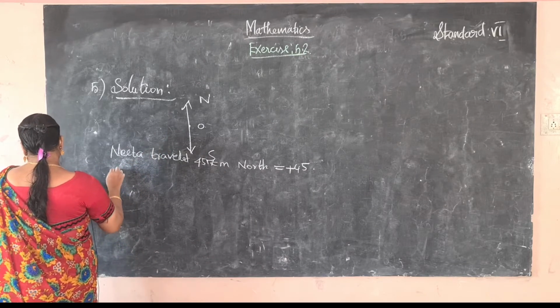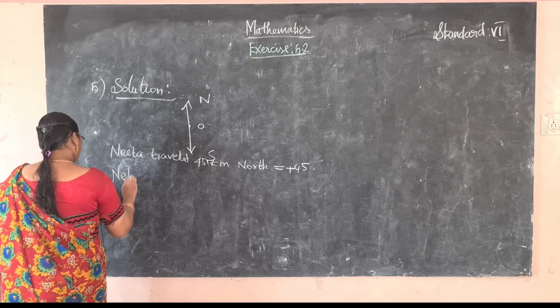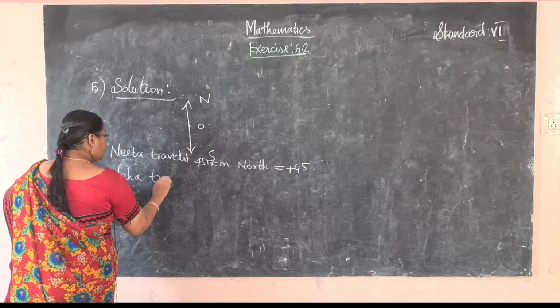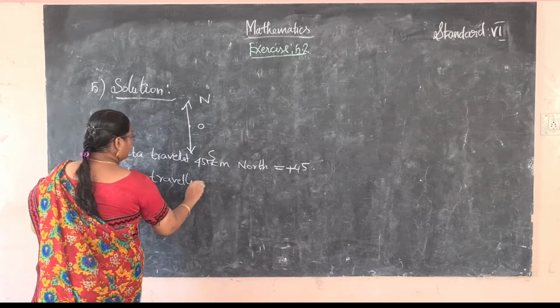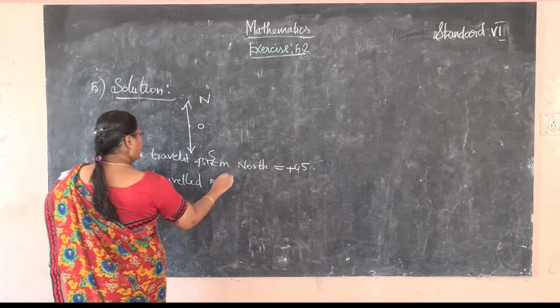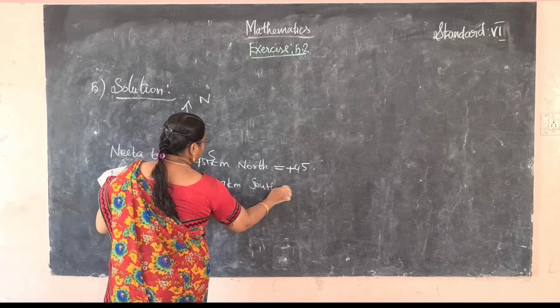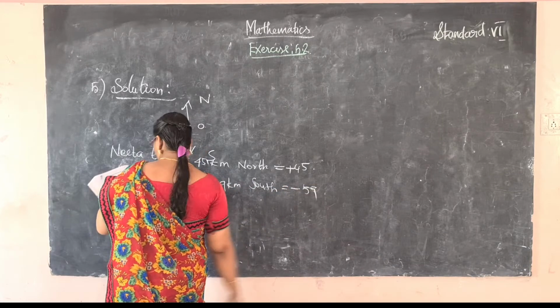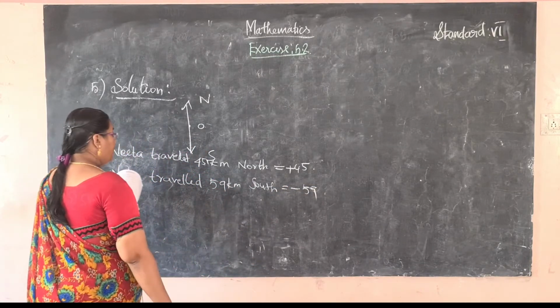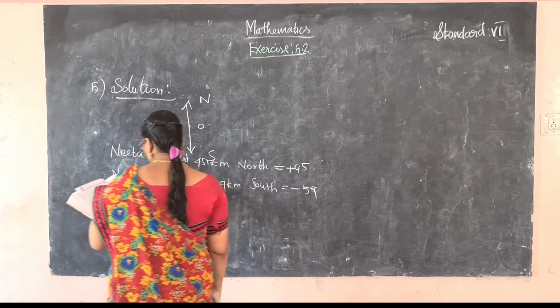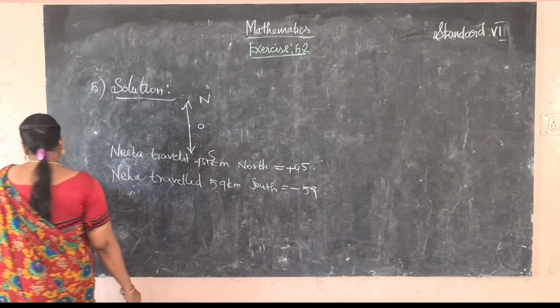Okay, so Neha travelled 59 kilometer south. So opposite direction, minus 59 kilometer, minus 59 at the same point O.